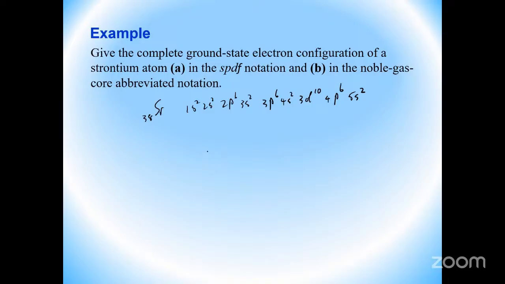Now, my question to you is, what would be the abbreviated electron configuration? Since this is the full, what do we do in order to get the abbreviated? Remember what I said earlier? We look for what? The one before it?